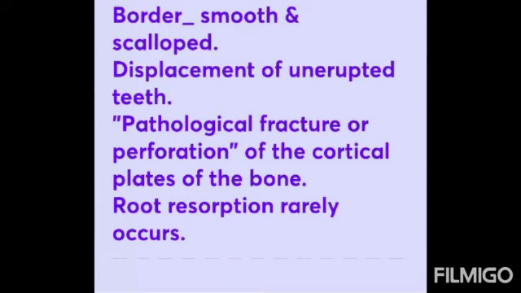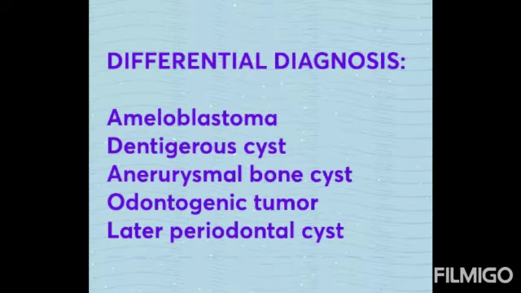Next, moving on to the differential diagnosis. In differential diagnosis, definitely all the cysts have to be differentiated, such as the dentigerous cyst, aneurysmal bone cyst, and radicular cyst. All the cysts have some separate specific features.